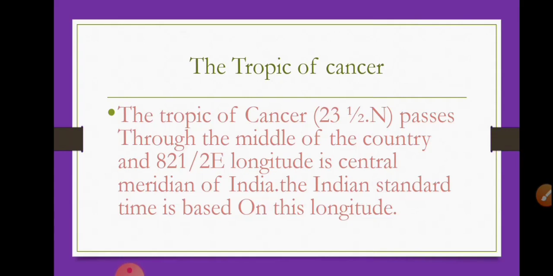Okay, the mainland of India extends from 8.4 degrees to 37.6 degrees north latitude, and from 68.7 degrees to 97.25 degrees east longitude.